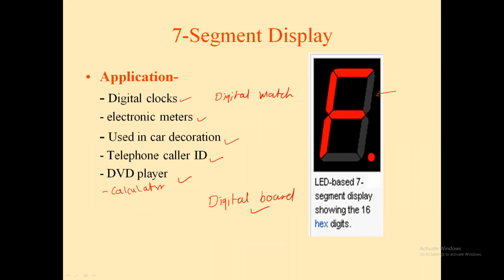Now you can imagine how many applications there are. The traffic signals also use a 7-segment LED display device to represent the date, time, everything. Whenever you want to represent digits or letters, you will find a 7-segment LED display device used.